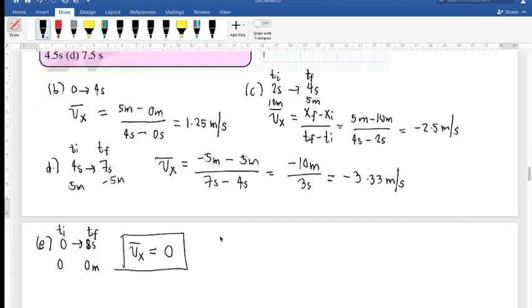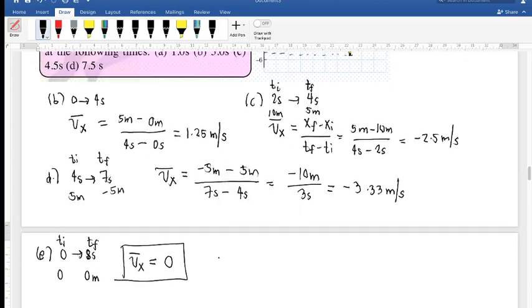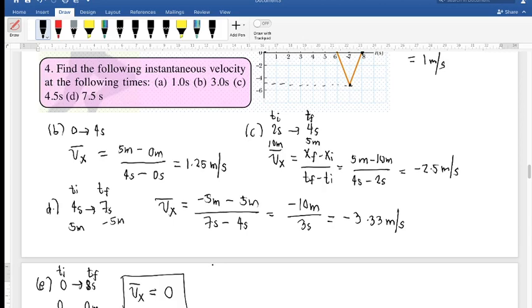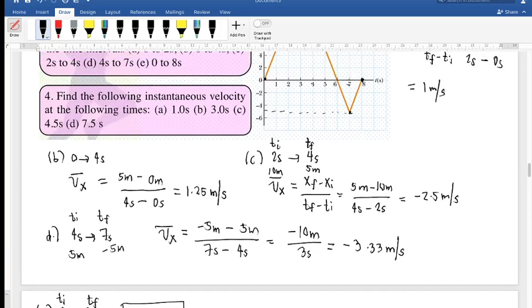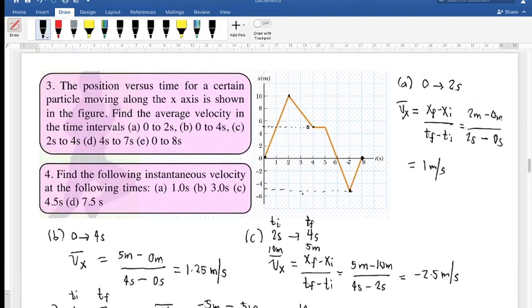So sample problem number 4. So we have to find the instantaneous velocity at the following times. So if we're going to find, for example, 1 second, that is here, we have to find the instantaneous velocity.